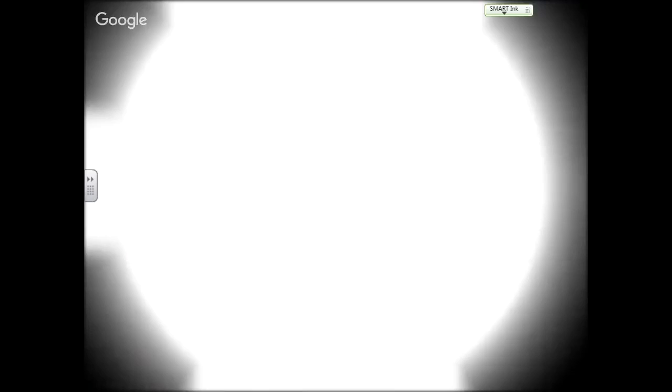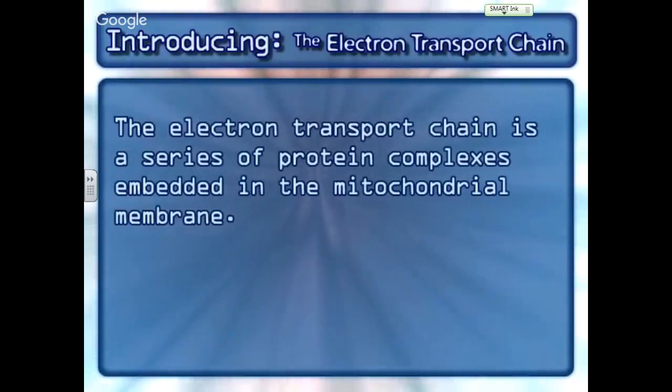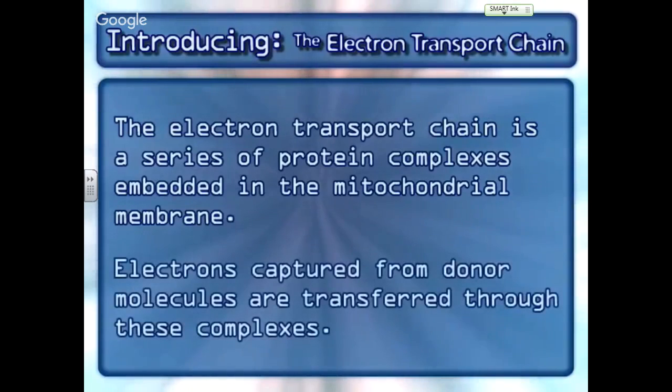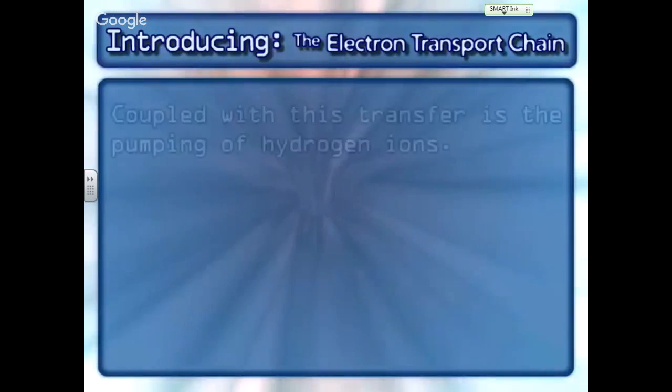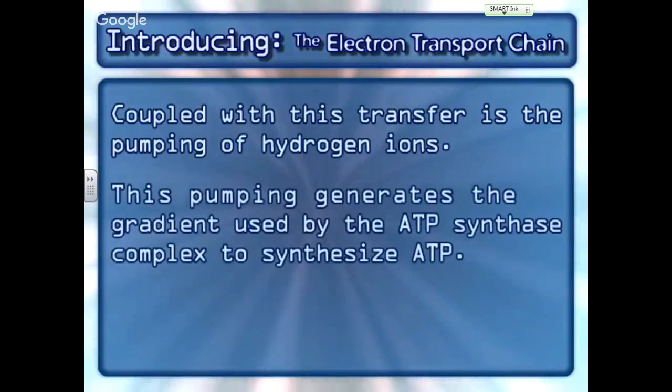The electron transport chain is a series of protein complexes embedded in the mitochondrial membrane. Electrons captured from donor molecules are transferred to these complexes. Coupled with this transfer is the pumping of hydrogen ions. This pumping generates the gradient used by the ATP synthase complex to synthesize ATP.